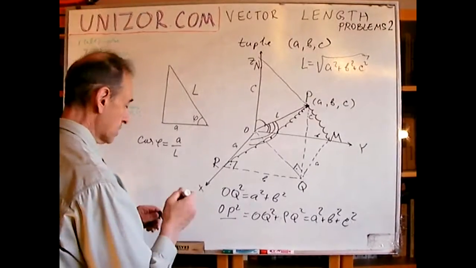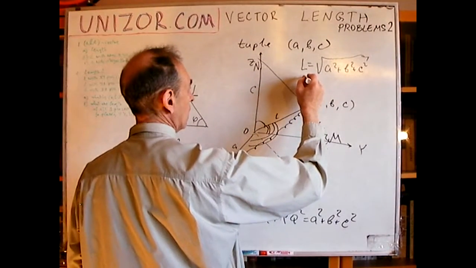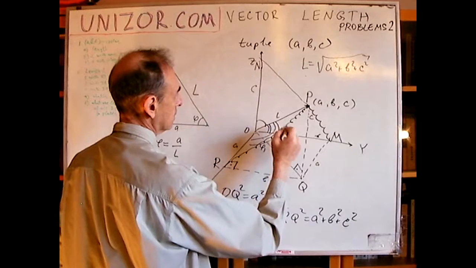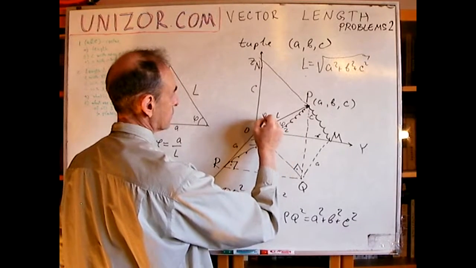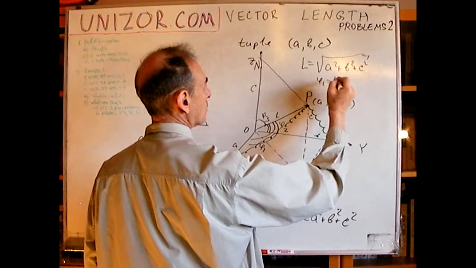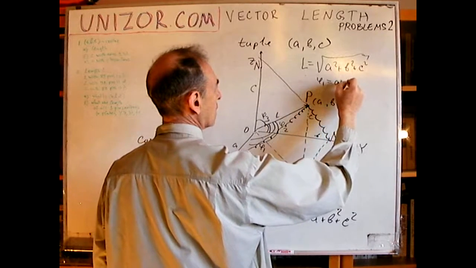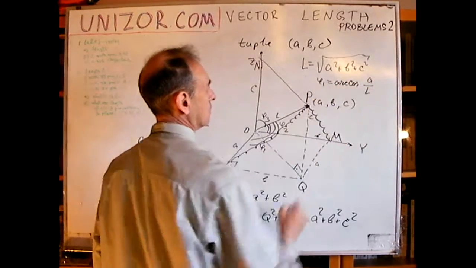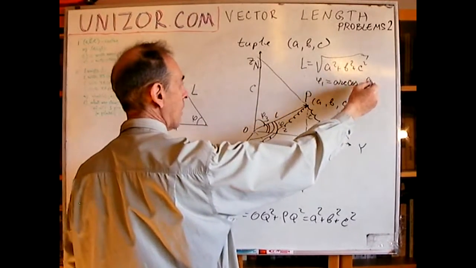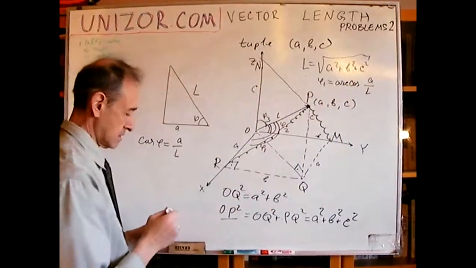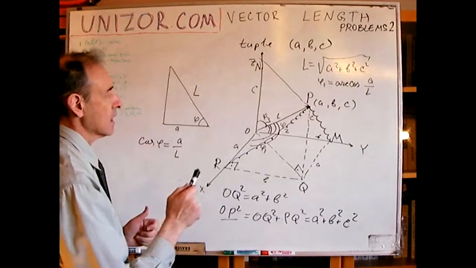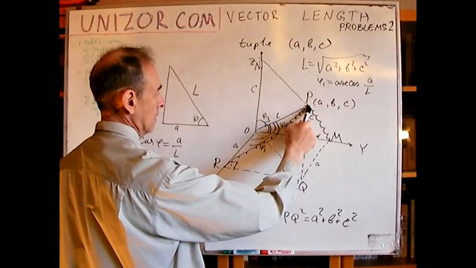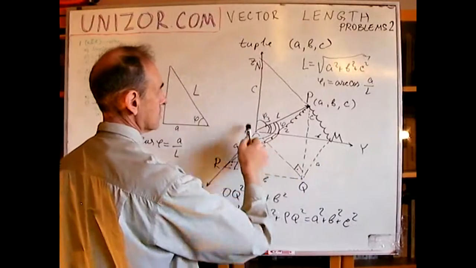So from this, we derive very simply that the angles, let's call them phi 1, phi 2, and phi 3: phi 1 is equal to arc cosine of A over L, phi 2 is equal to arc cosine of B over L, and phi 3 is arc cosine of C over L. So these are the angles between the vector and the corresponding axis.